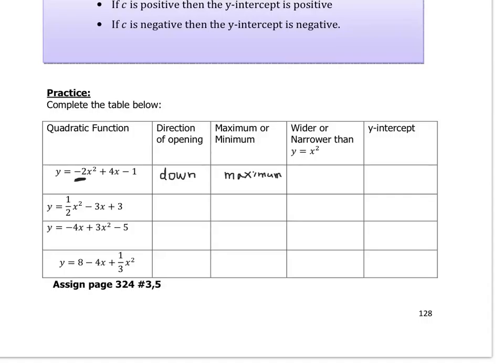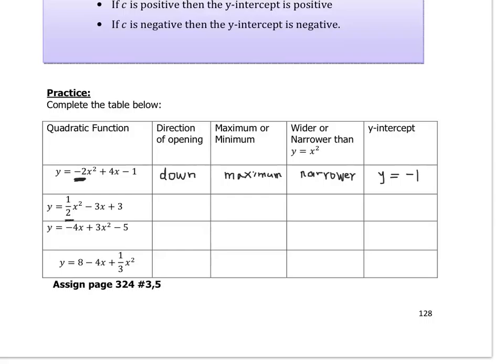The width of the graph, whether it's wide or narrow, depends again on the A value. Ignoring the negative, that would be an A value of 2, which is bigger than 1, so we're expecting a graph that's narrower. The y-intercept would be y equals negative 1, because when we plug in 0 for x, the first two terms disappear and you're left with just the C value of negative 1.